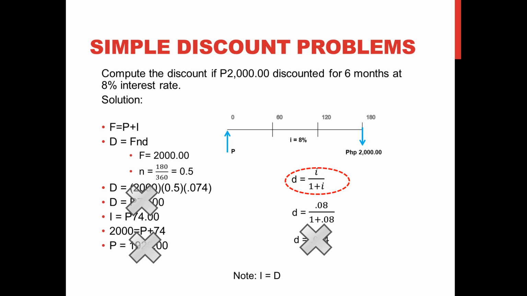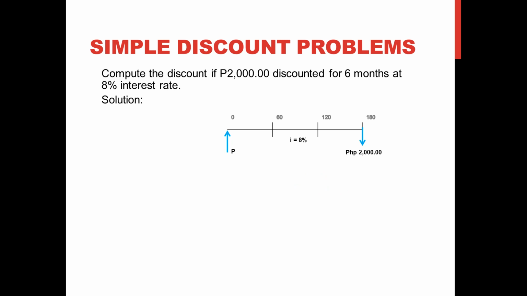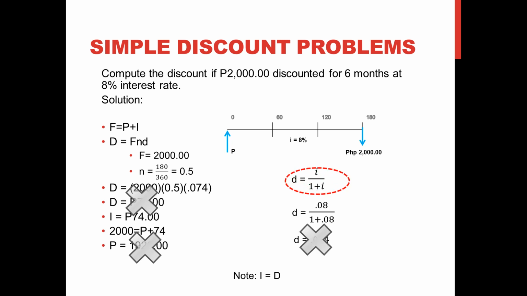Basically, 8% is not derived by a proportion to 360 days. O sige, balikan natin. Yang given na yan, na-derive mo ba yung I na na-proportion yung N? No. So, you cannot directly use that formula. So, that is what makes this solution wrong.